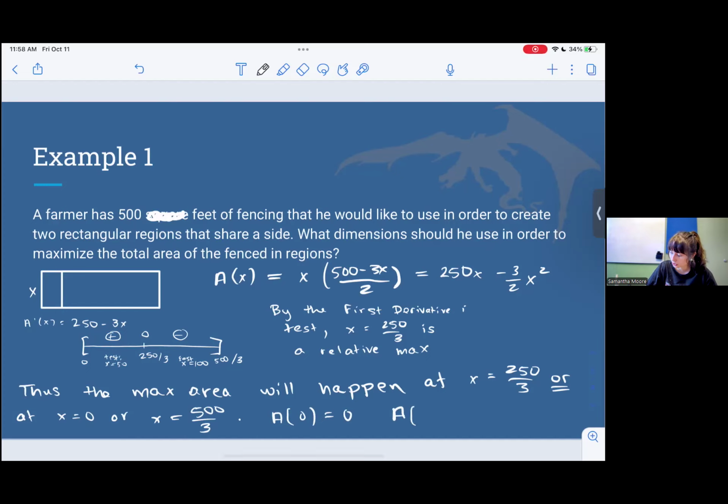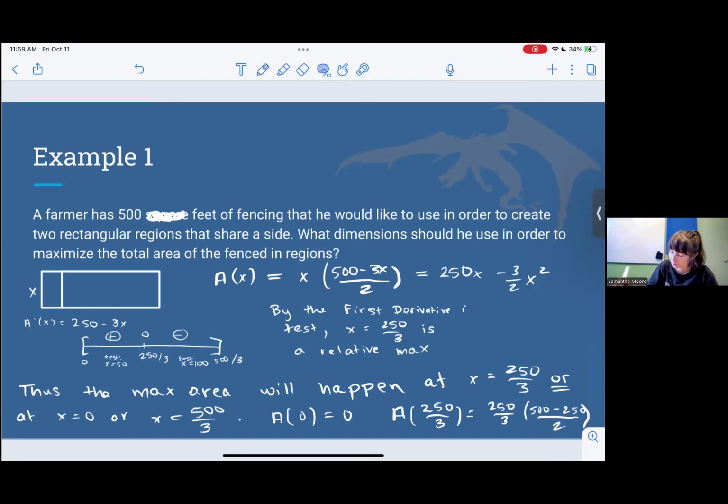Plug in 250 over 3 to the area formula, which is, let's see, I think that's going to be 250 over 3 times 500 minus 250 over 2. Okay. So whatever that amount is, it's going to be a positive number. So this is already bigger than what happened at x equals 0. So we can already say that x equals 0 is not where the maximum is going to happen.